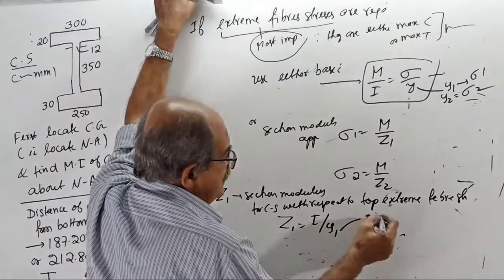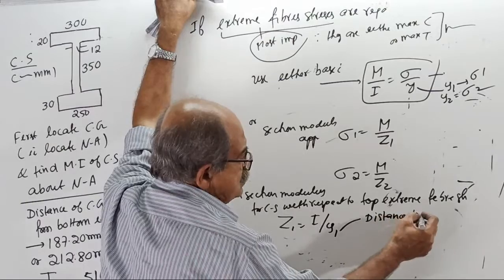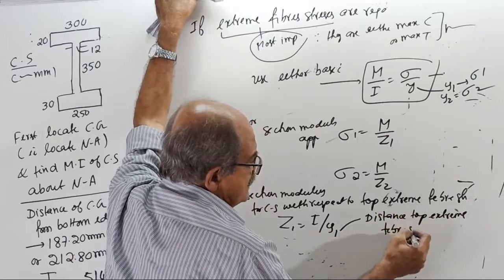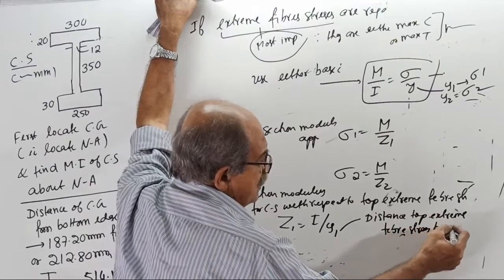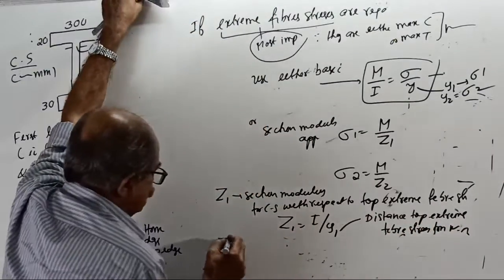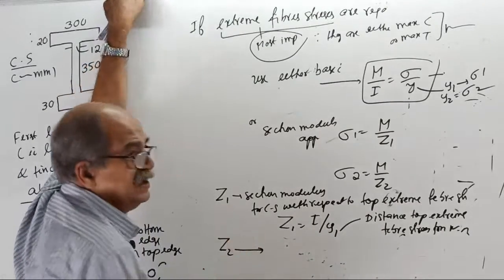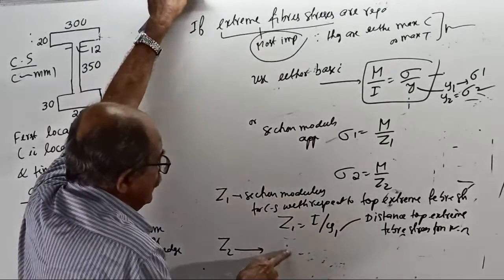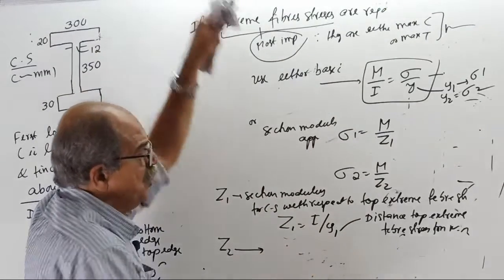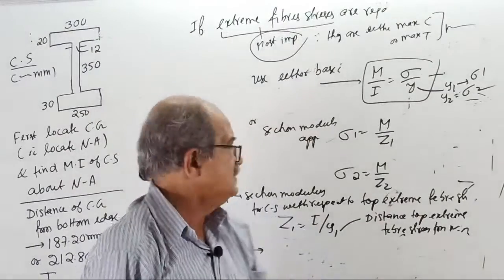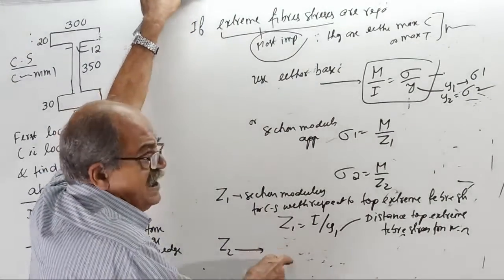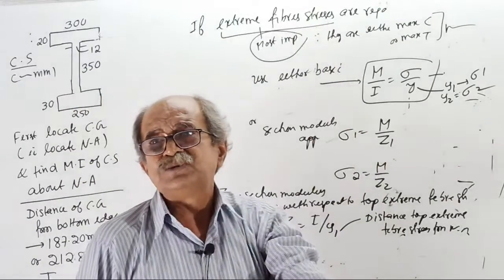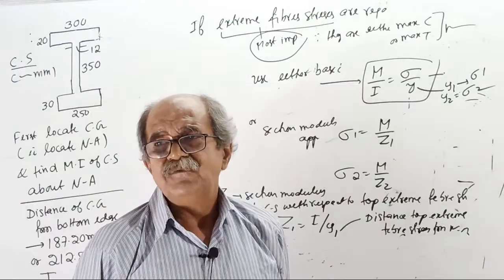Y1 is the distance of the top extreme fiber from the neutral axis. Now Z2, I am not writing, those who are serious write, I will dictate. Z2 is the section modulus for the cross section with respect to the bottom extreme fiber stress. Z2 equal to I by Y2. Y2 is the distance of the bottommost fiber from the neutral axis.